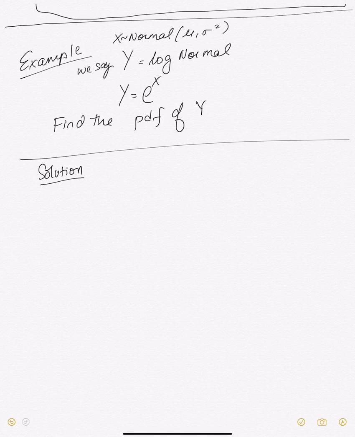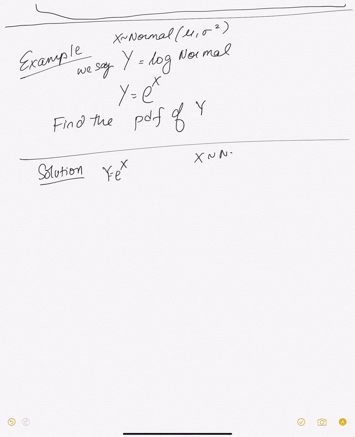Okay? All right. So what's our first step when we want to find the PDF of a function of a random variable? The first step is find its cumulative distribution function. So that's what we're going to do. Okay? So y is e to the x. And what do you know about x?